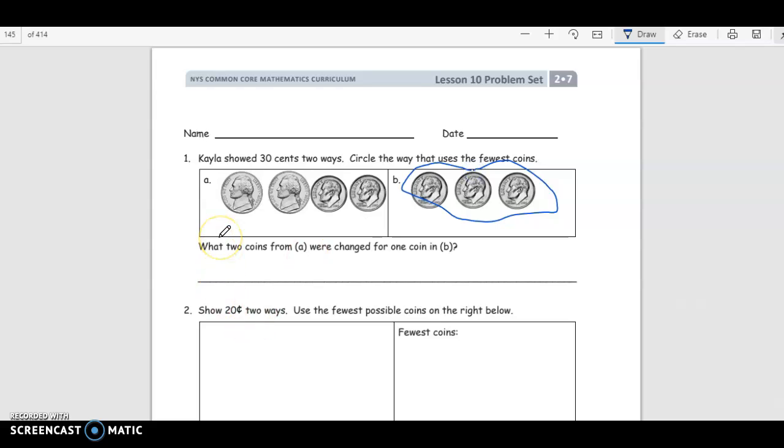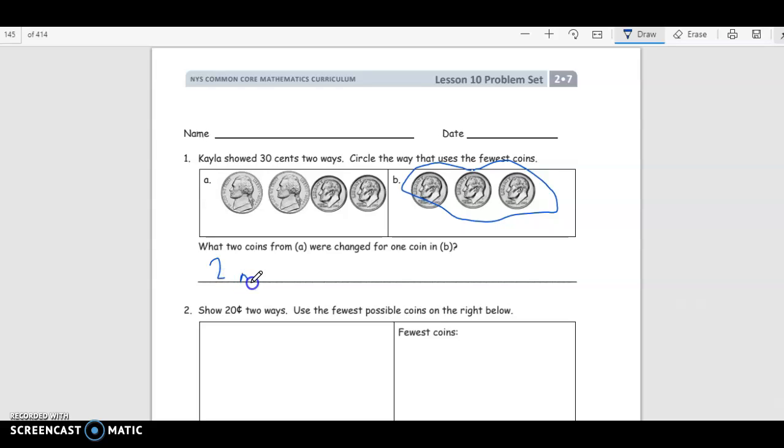And it says what two coins from A were changed for one coin in B. So we see that each one has 2 dimes, but then this one has 2 nickels that they traded in, because this is 5 cents plus 5 cents equals 10 cents. So they traded 2 nickels.